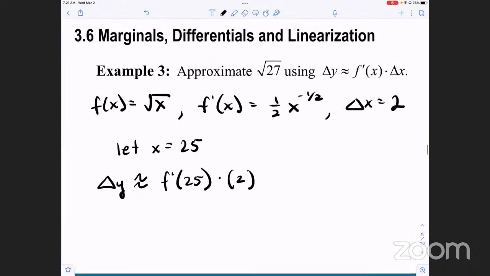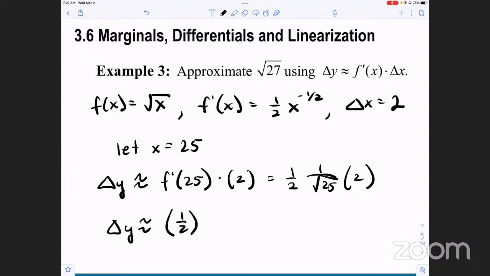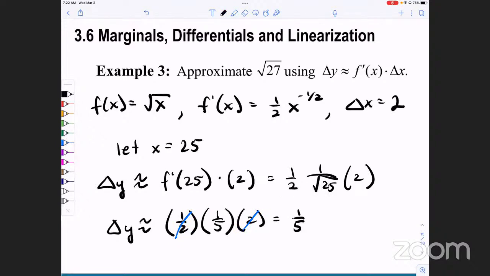So if we keep going, that's going to be 1/2 times 1 over the square root of 25 times 2. So then delta y is going to be approximately 1/2 times 1/5 times 2. These two cancel, and we get 1/5 for the change in y.